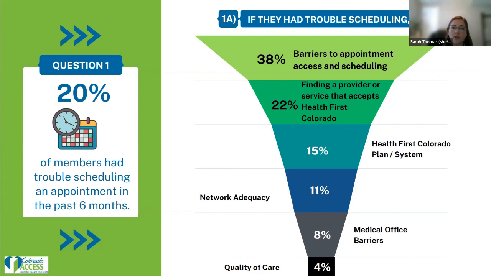Another example is that the provider's panel was closed, so they were no longer accepting new Medicaid patients, but the member had no way of knowing that unless they called the clinic, and then that just leads to a lot of frustration, where you're calling practices and just being told they can't see you because they're at their limit of Medicaid patients. 8% experienced medical office barriers such as staff shortages or technology issues, and then 4% quality of care was the least reported.